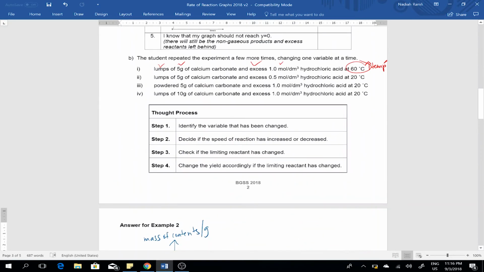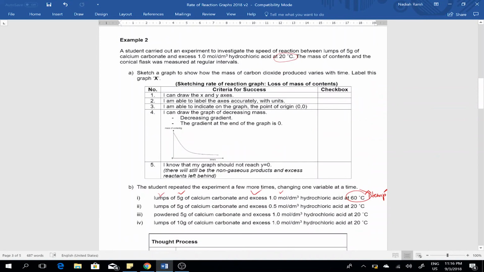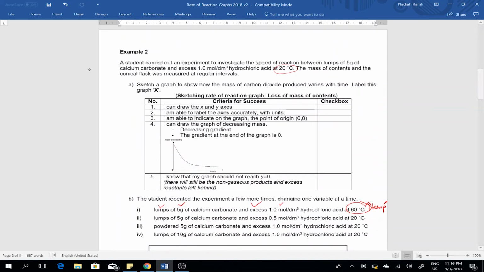Next, lumps of 5 grams of calcium carbonate and excess of 0.5 mole per dm cube. So this is where it's different. The concentration is different. But let's check. Was acid the limiting reactant?